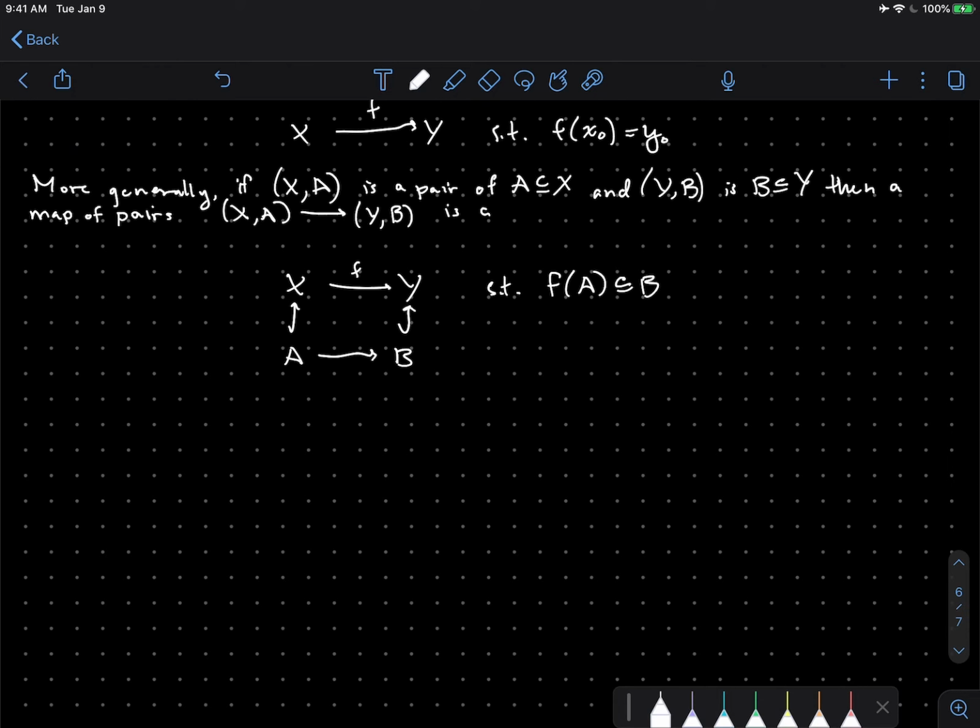So let's just note that being a map of pairs is a condition on a map f from X to Y, not additional data.